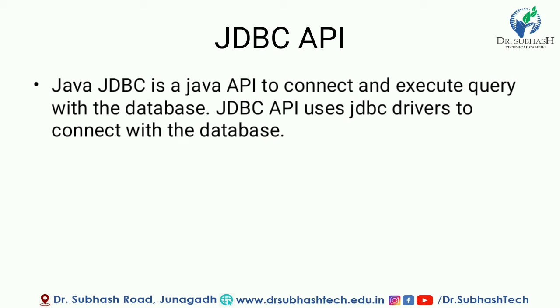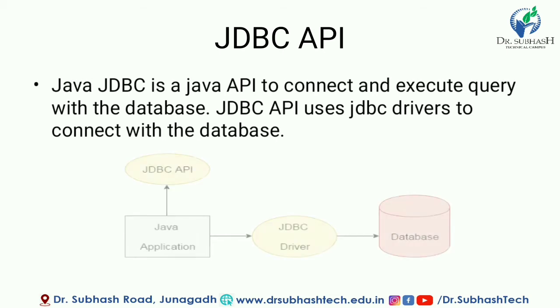It consists of various packages, and packages consist of various classes and interfaces. This includes the definitions of various classes and interfaces along with the method definitions, which help us connect to databases and execute queries. In the diagram you can see there is a Java application which uses the JDBC API, and further it uses the JDBC driver to connect to the database. So this is the concept of the JDBC API.